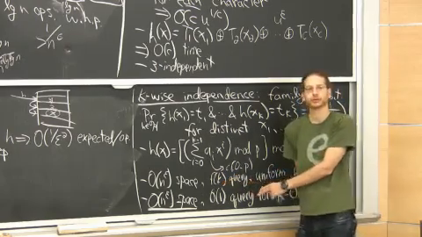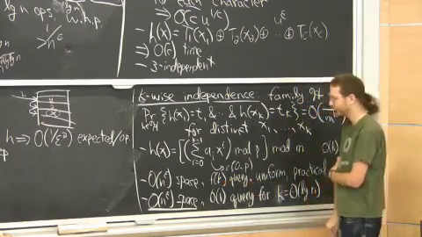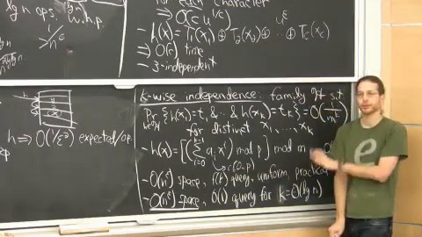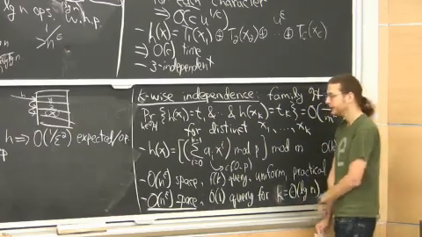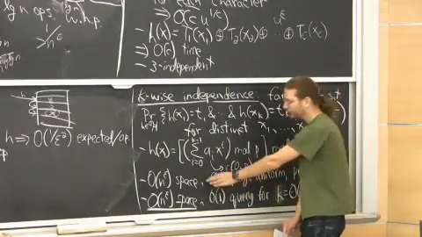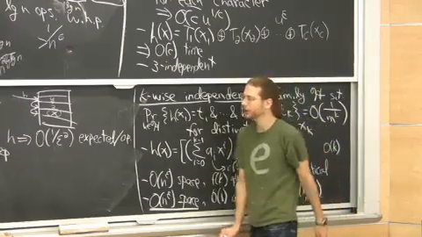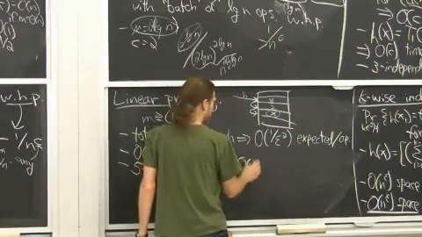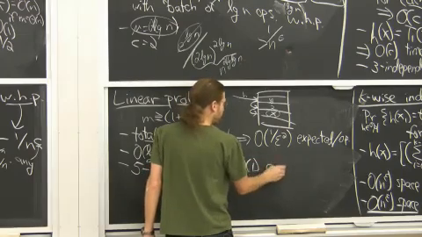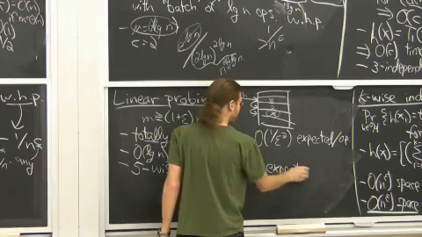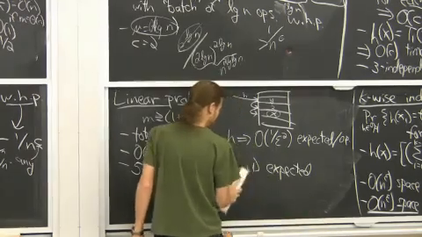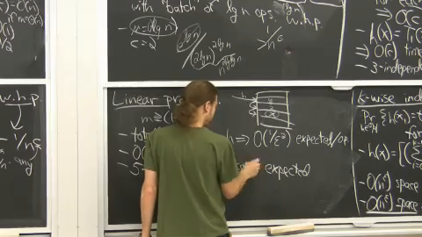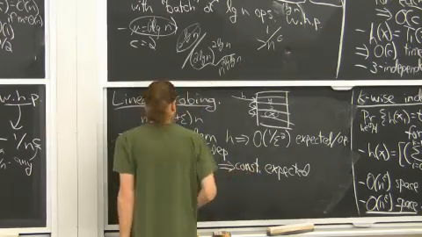Actually, they were doing k equals 4, but they solved 5 at the same time. And so this was highly optimized, practical, all that good stuff. You get 5-wise independence, admittedly with some space, but it's pretty cool. And so this is enough to get constant expected time. I shouldn't write order 1 because I'm not writing the dependence on epsilon here. I don't know exactly what it is, but it's some constant depending on epsilon.